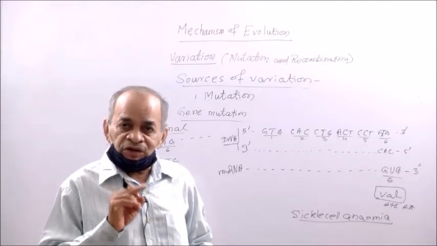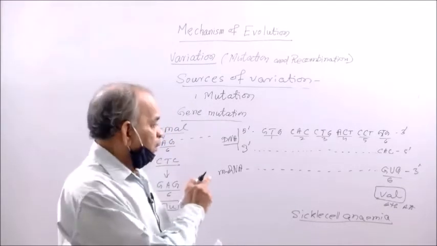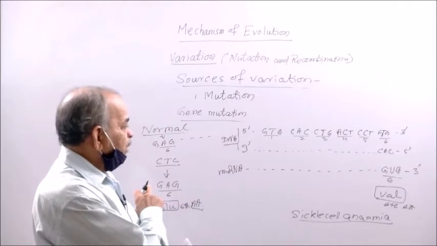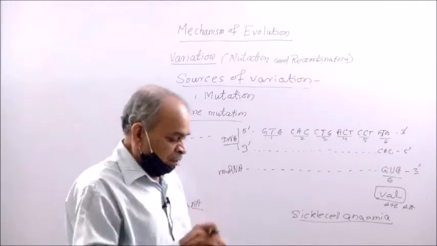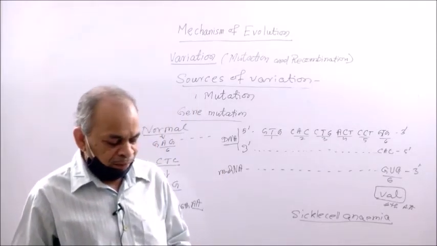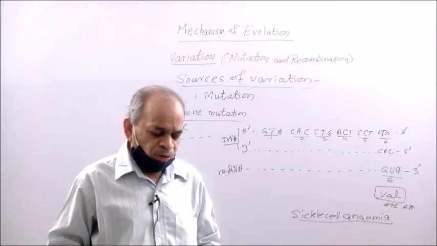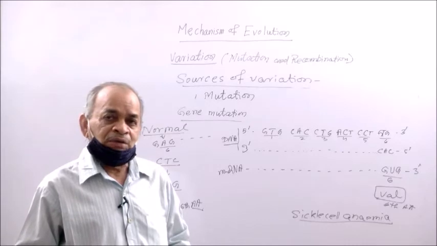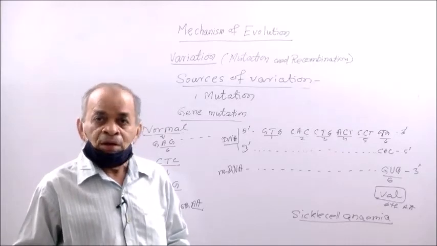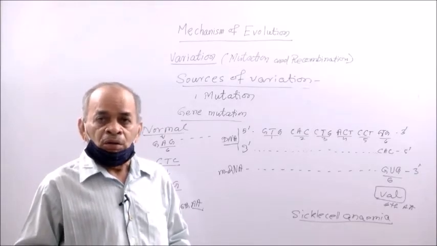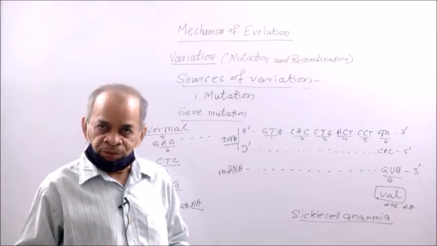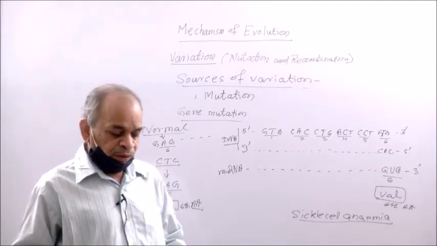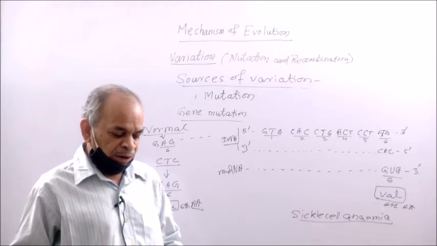That is the sixth one, glutamic acid is replaced by valine. So valine instead of normal glutamic acid at position 6, and that becomes sickle cell anemia. The red cells become sickle shaped.